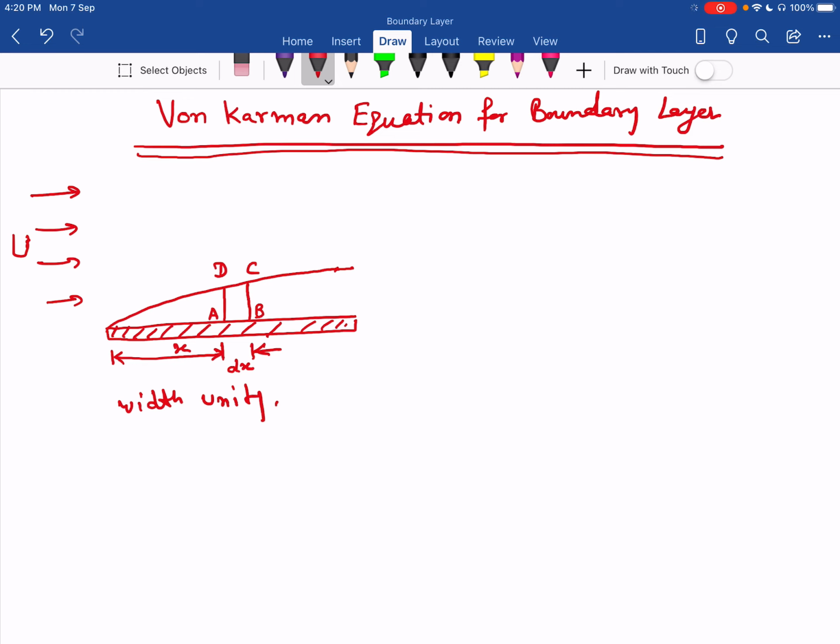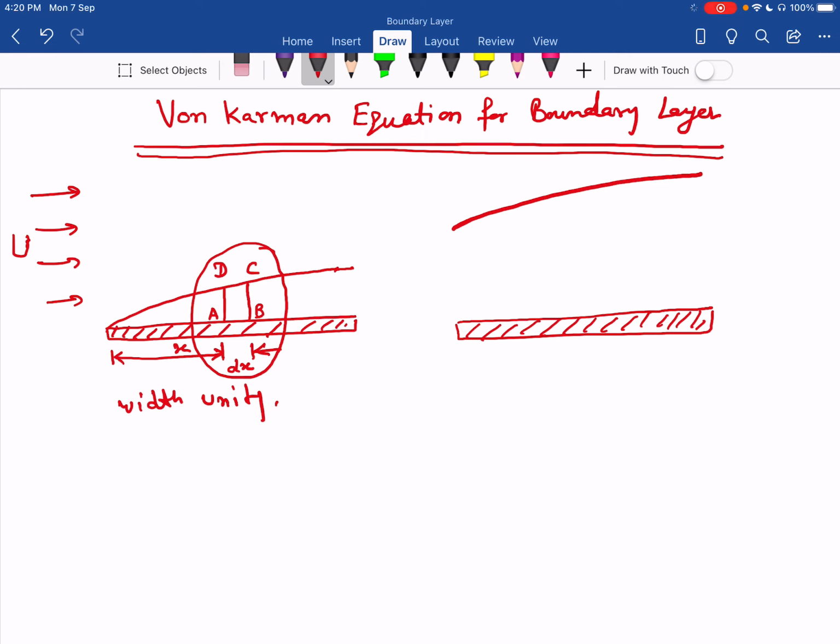Okay, now if I try to draw this part on enlarging, or you can say I magnify this part, so that is something like this.